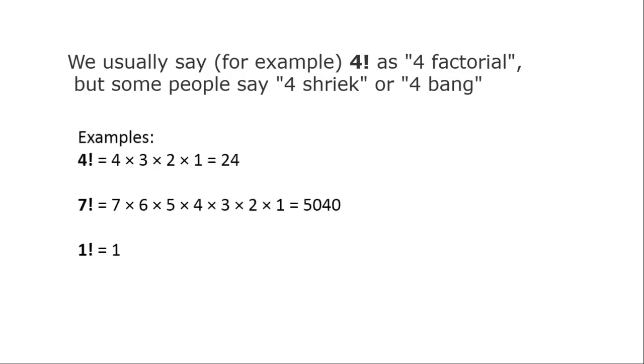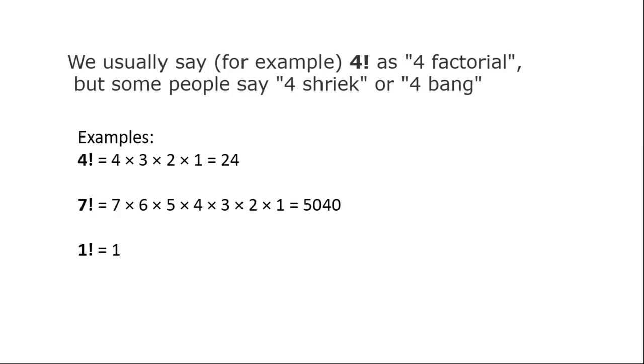Now let's see some examples. 4 factorial is equal to 4 into 3 into 2 into 1, and that is equal to 24. Like that, 7 factorial is 7 into 6 into 5 into 4 into 3 into 2 into 1, which is equal to 5040.